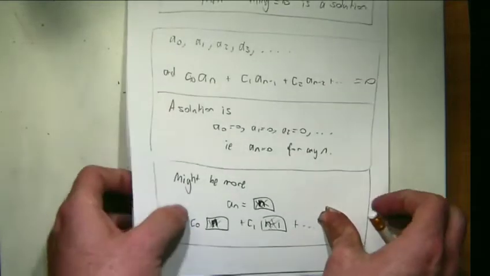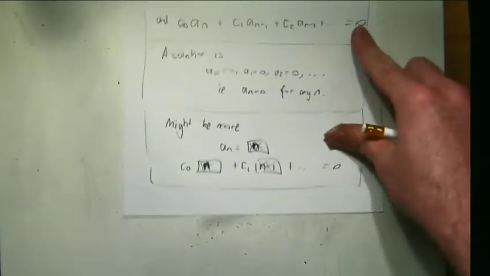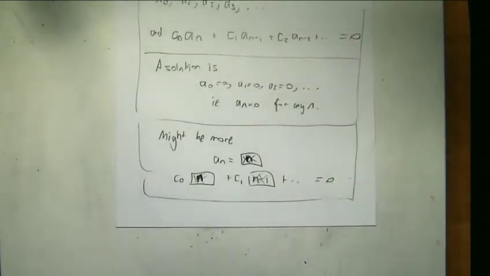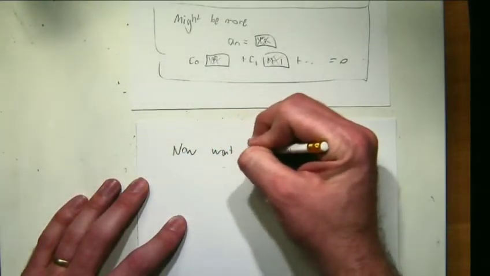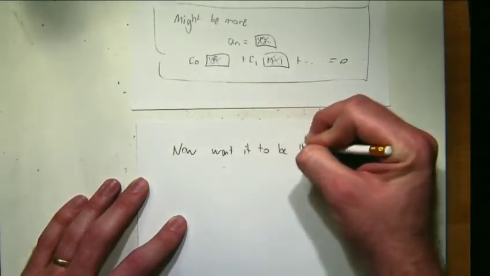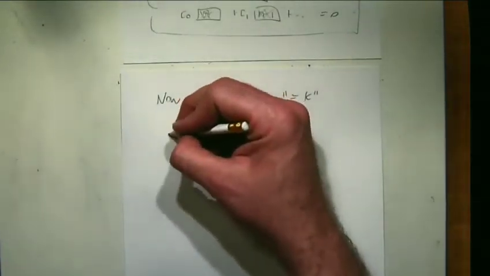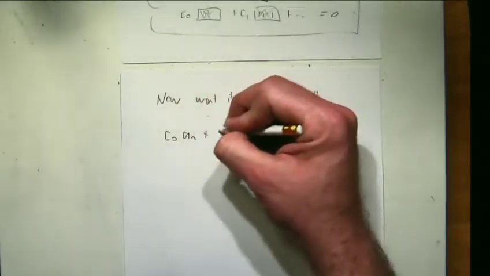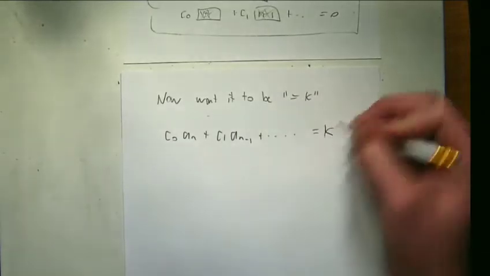What if, instead of it coming out to 0, we wanted it to come out to k? But now we want it to be equal to k. So we've got C0 AN plus C1 AN minus 1 plus, and so on, equal k this time.